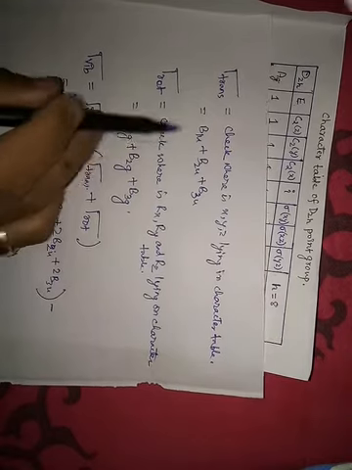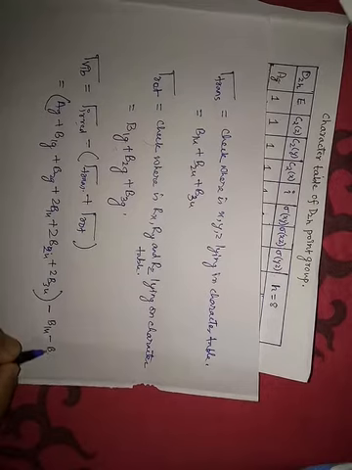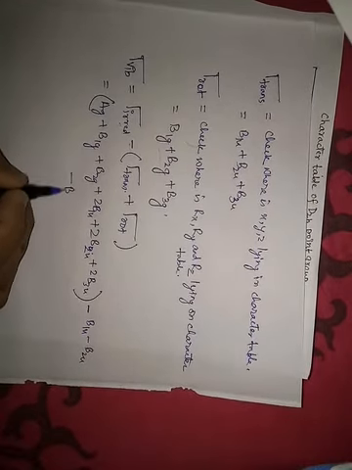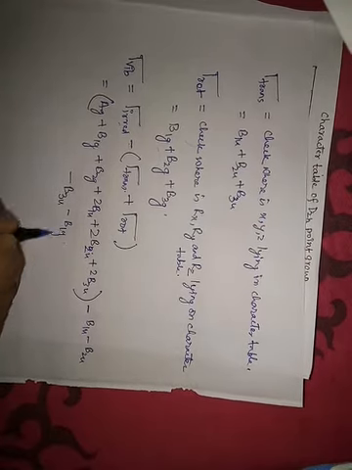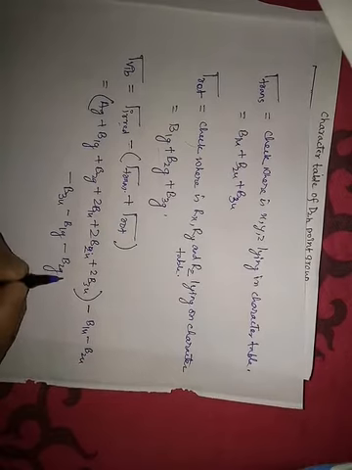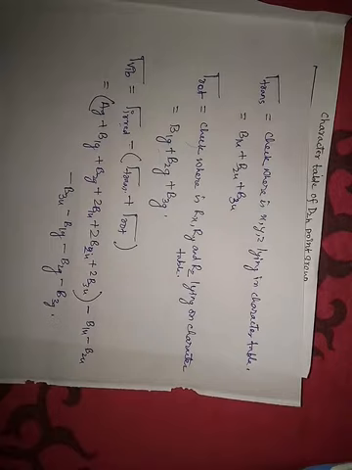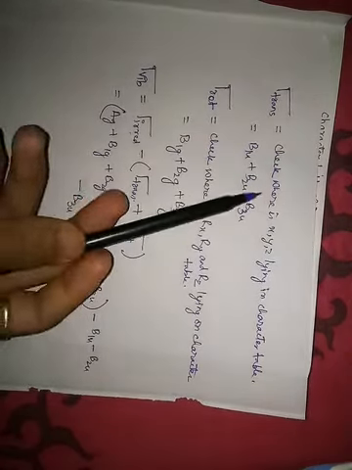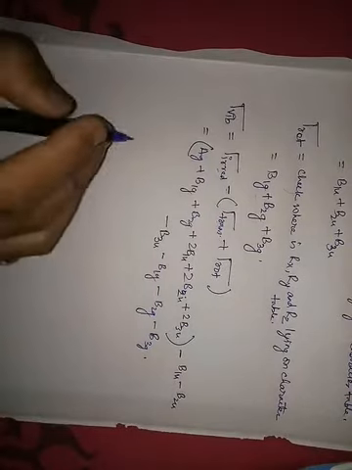So translational is minus B1U minus B2U, then we have here minus B3U, minus B1G minus B2G minus B3G. So how much are we going to get now?